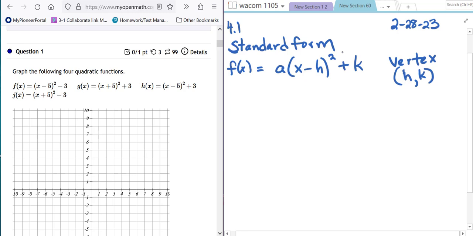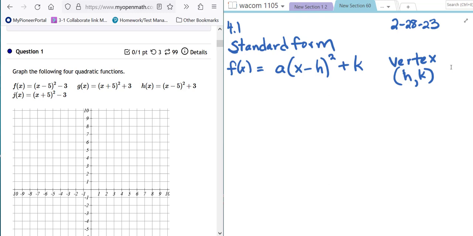You have a vertical line through the x-coordinate, h, of the vertex, called the axis of symmetry. So it will be x equals h, and the graph will flip across that. If you know the vertex, which way it opens, and one point, you can draw the graph.